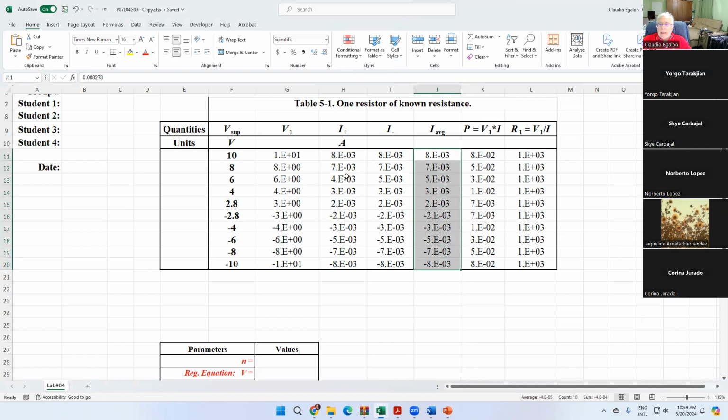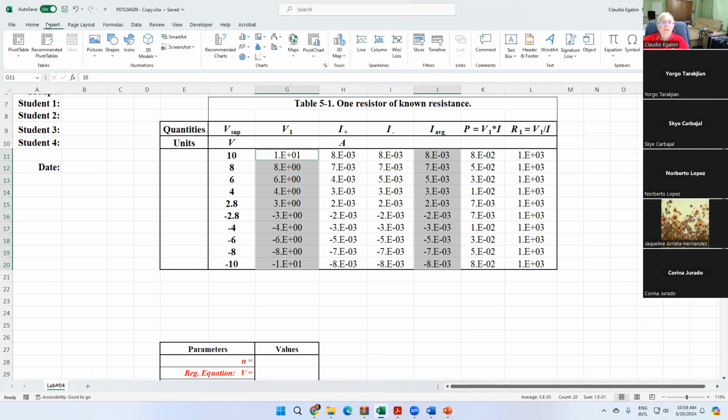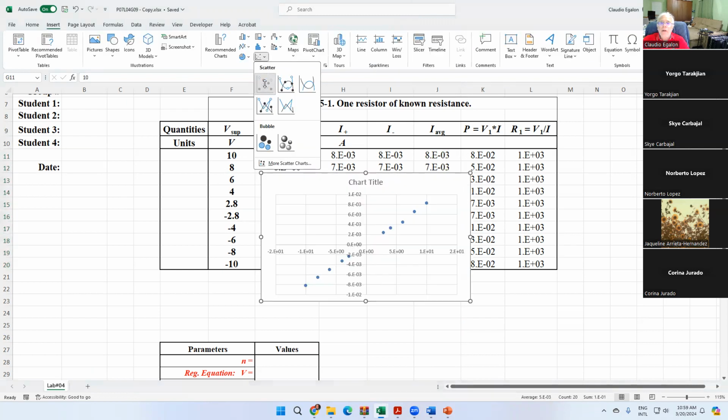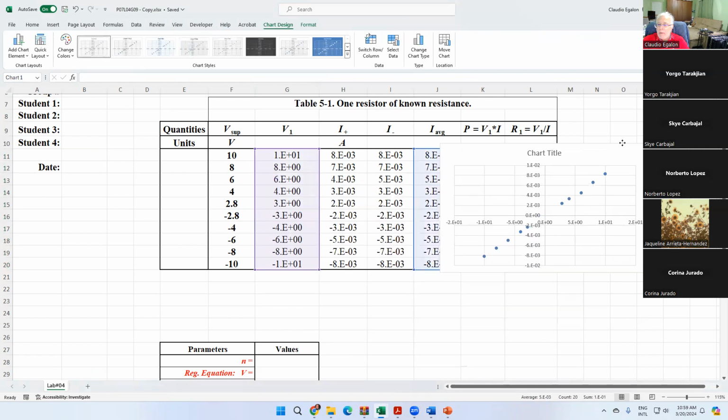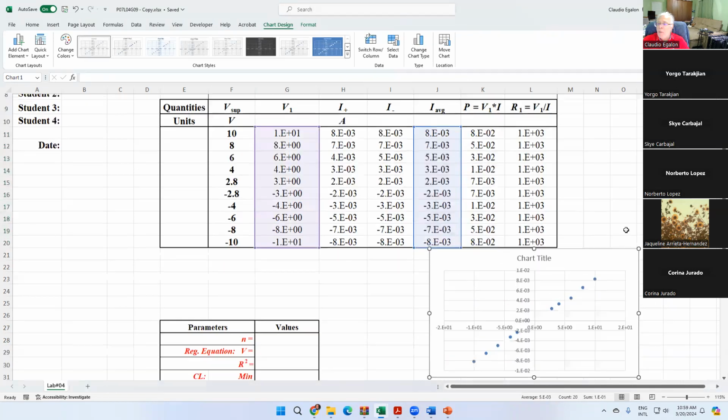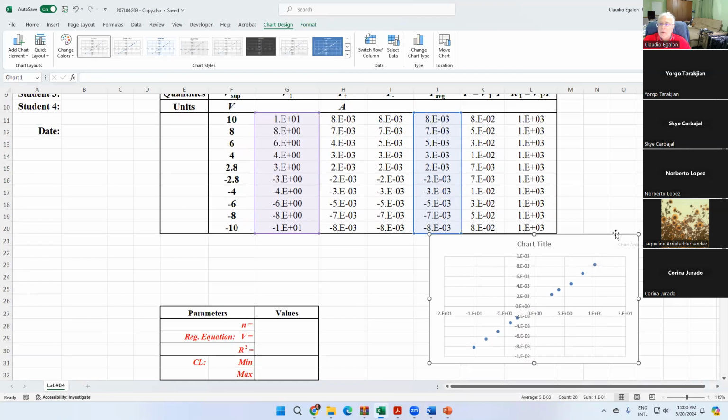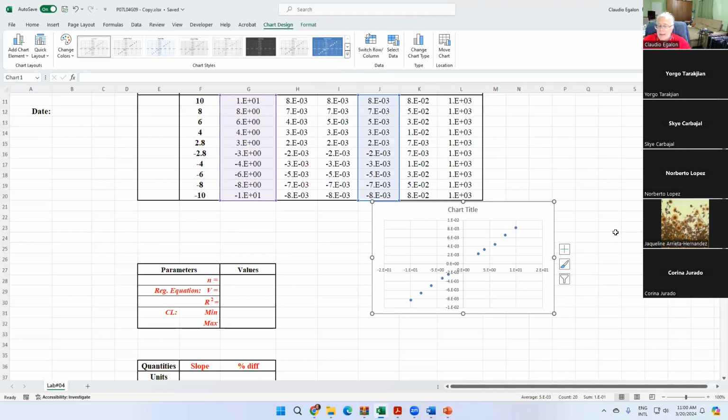I and V, V1 in this case. Insert chart. Now I have my graph, but it's not quite the right graph yet, because the voltage is along the x-axis and the current is along the y-axis.